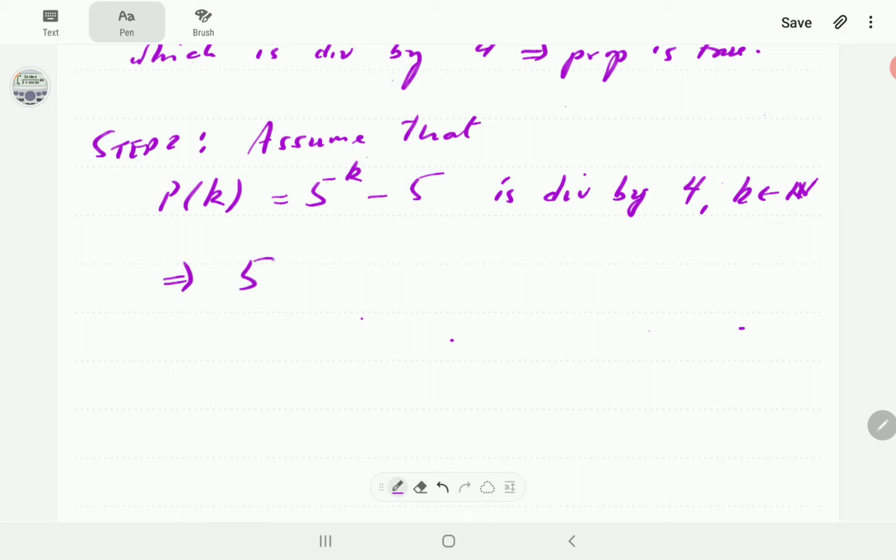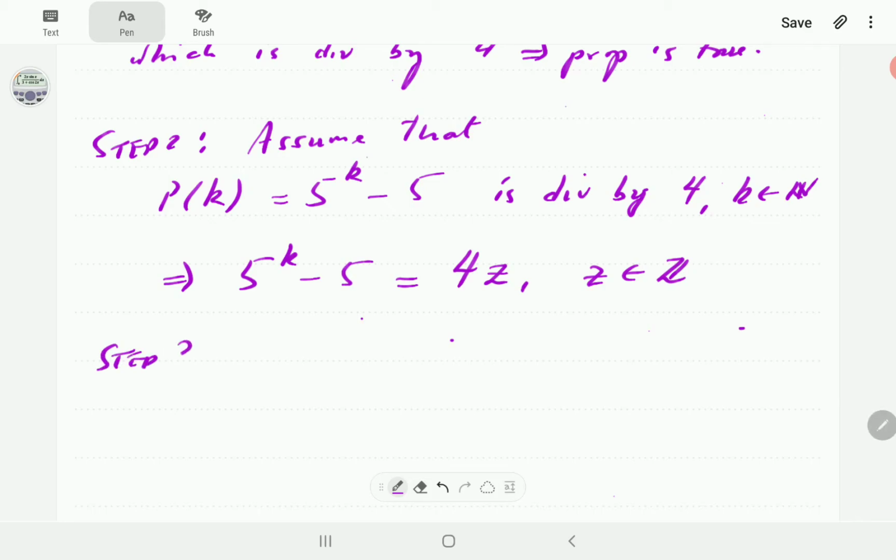What this assumption is saying is that 5 to the power k minus 5 is going to be 4 times z, where z is an integer. Okay, so that is step number 2.